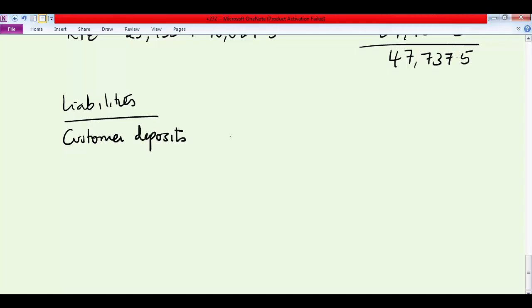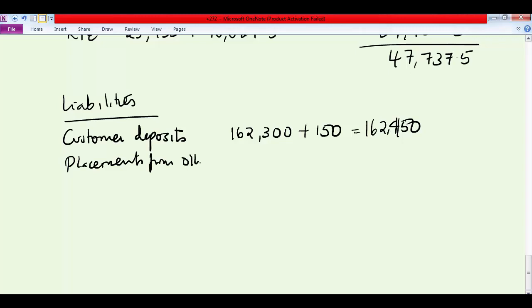Customer deposits, 162,300 plus 150 gives you 162,450. Then we have placements from other banks, 1065. Then we have borrowed funds, 4572.